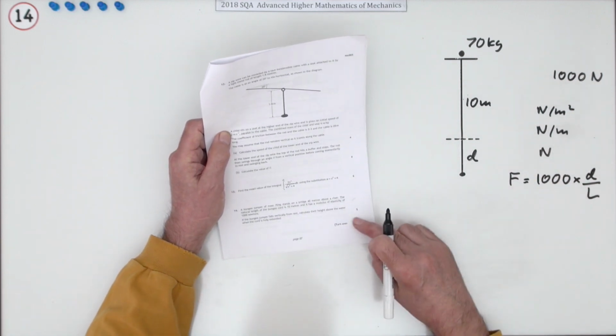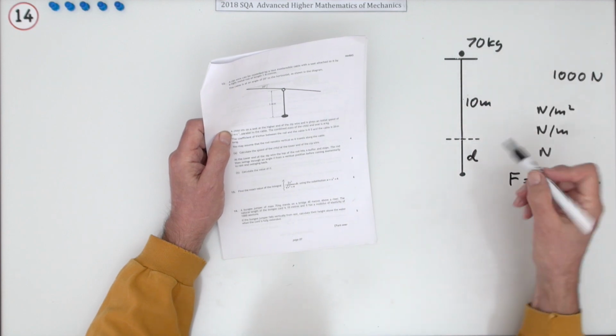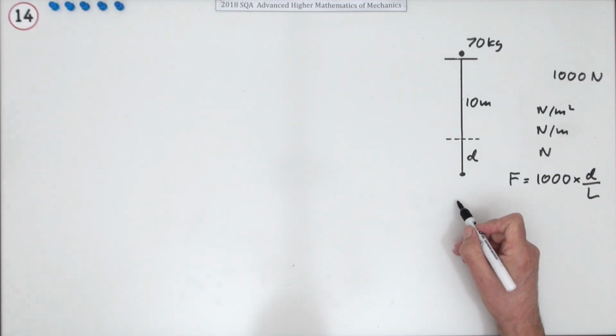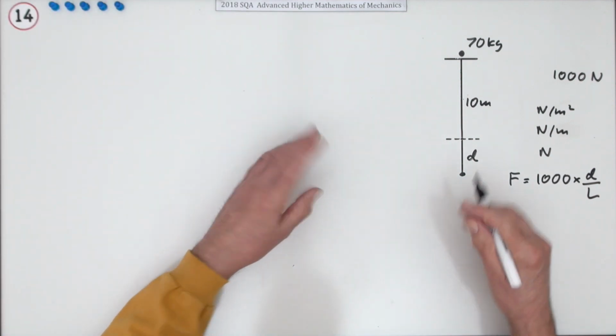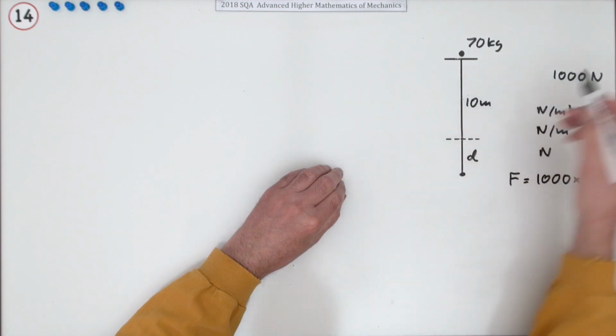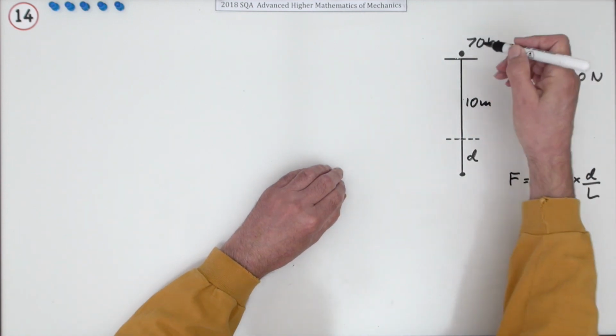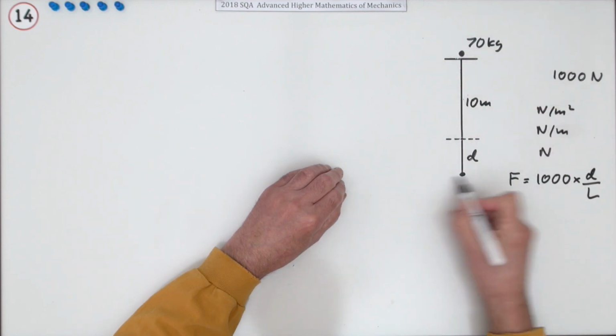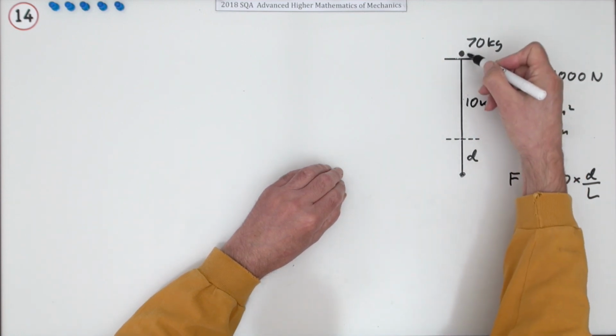Anyway, with that diversion over, there's several ways to answer this question about how high above the river you would end up. By far the simplest is just to use conservation of energy. At the start, this 70 kilograms is this height above this datum here, the final position, so you can work out the potential energy that's available.